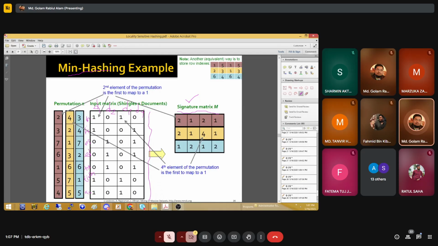Right? So these are the shingles. In a document, lots of shingles can be there, like billions of shingles we can consider.